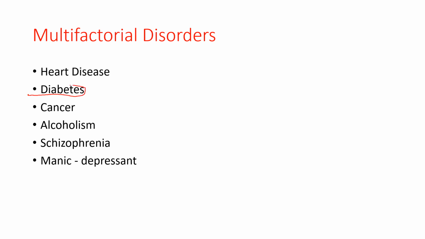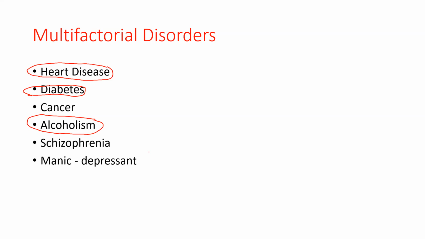Diabetes, you eat yourself into diabetes. You eat yourself into heart disease. You drink yourself into alcoholism, right? What does that have to do with genetics? Certain genes make you more liable to become an alcoholic. Did y'all know this?